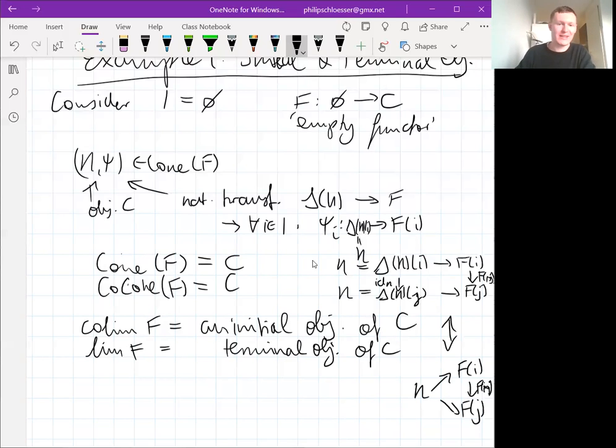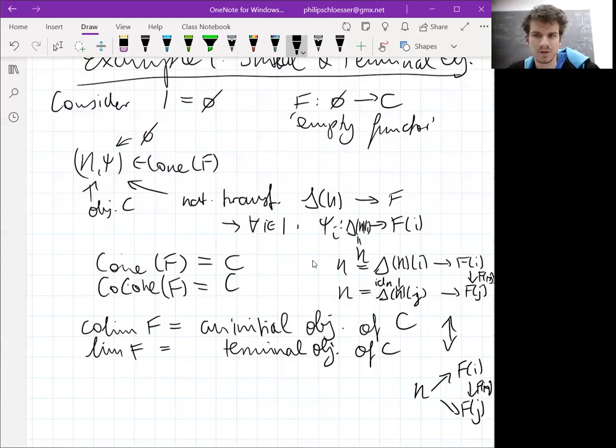You don't have to do anything to specify such a map. So this thing is always just, I don't know, the empty set or something. And this way we can say that every cone is basically just given by an object in C, and that's it. Okay, so let's just keep it like it is. Then how does that diagram lead us to the answer of the question? It doesn't lead us to anything.